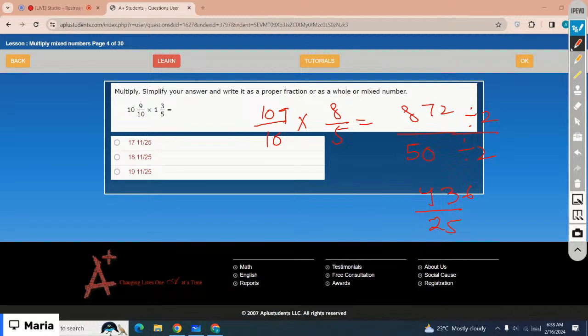The correct option is 17 whole 11 over 25. Got it?